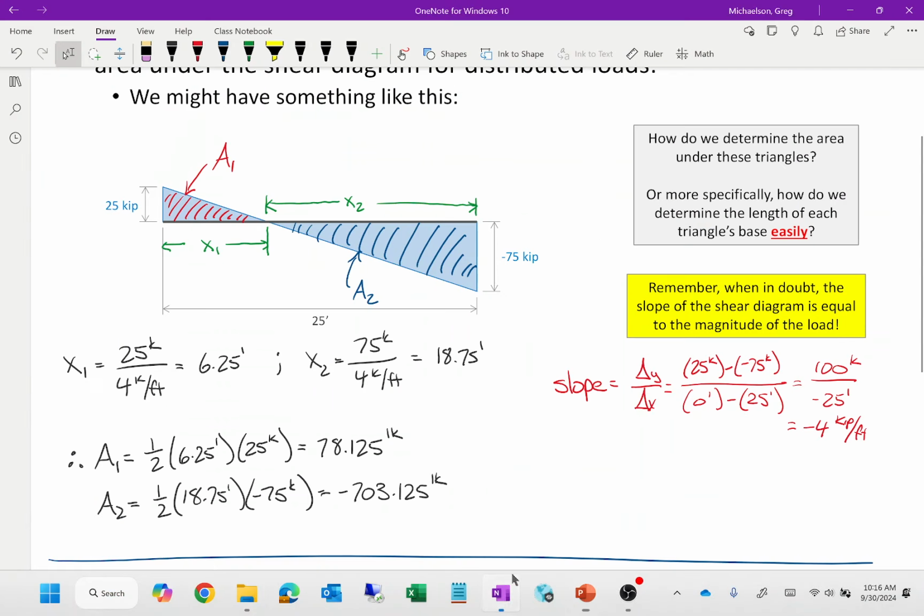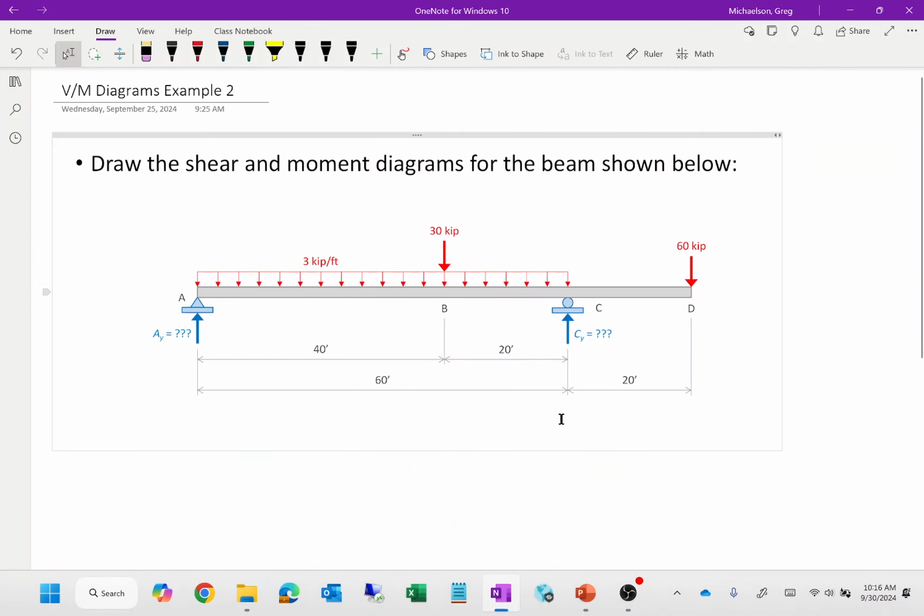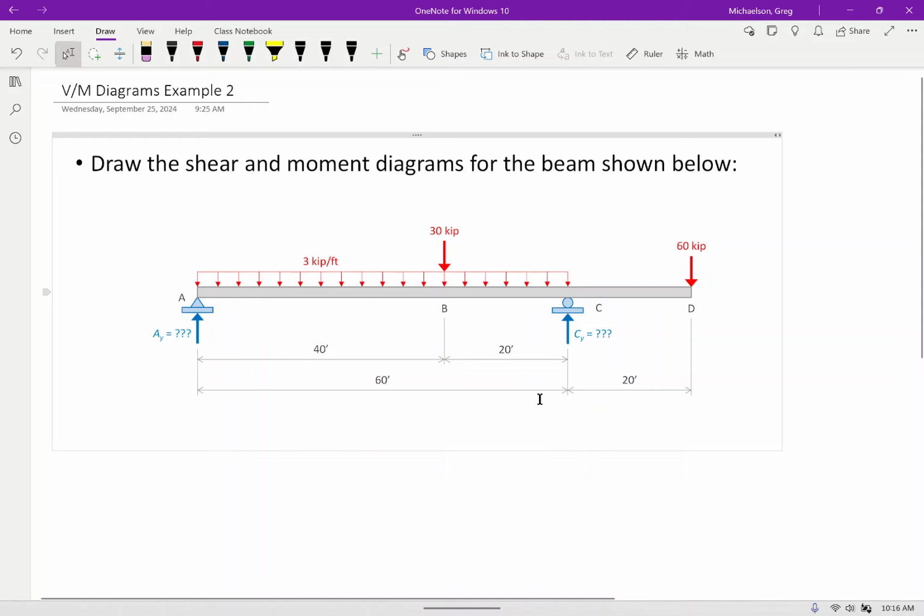All right. So if that's the case, or I'll just use the notebook. Okay. If that's the case, then let's look at this problem here. I want to draw the shear and moment diagram for this problem. And notice how I'm not giving you the reactions, because I want to go through the exercise of computing these reactions.